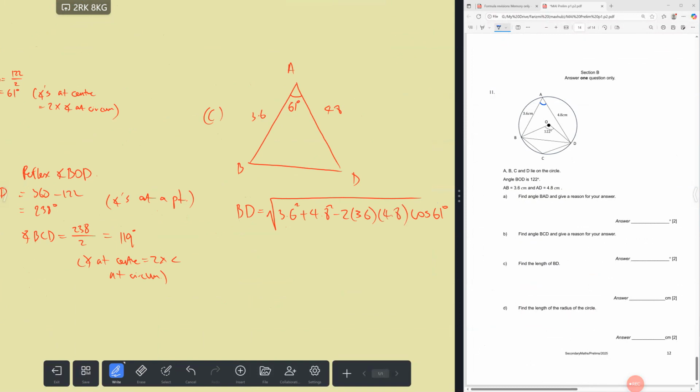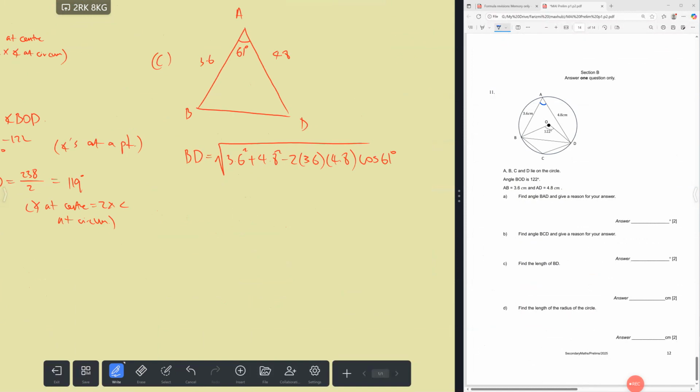Let's calculate this. 3.6 squared plus 4.8 squared minus 2 times 3.6 times 4.8 cosine 61. And what do you get? 19.244. 19.244 rounded off to 19.2 cm. Alright.